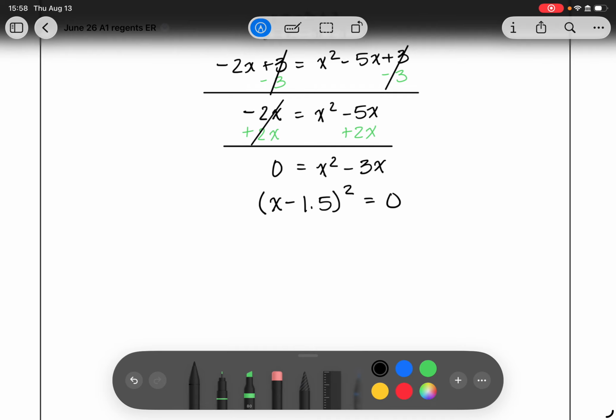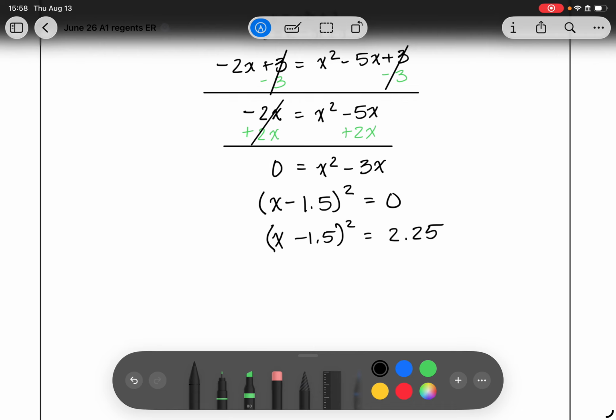And then our next step would be getting that 1.5 over to the other side. So if you ever did this, you would get x minus 1.5 squared in parentheses equals 2.25.